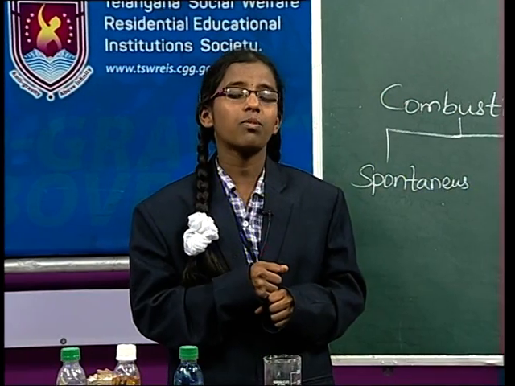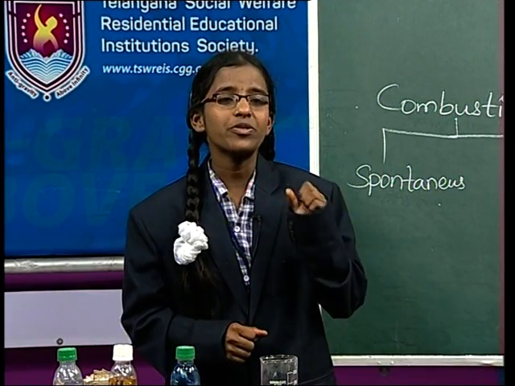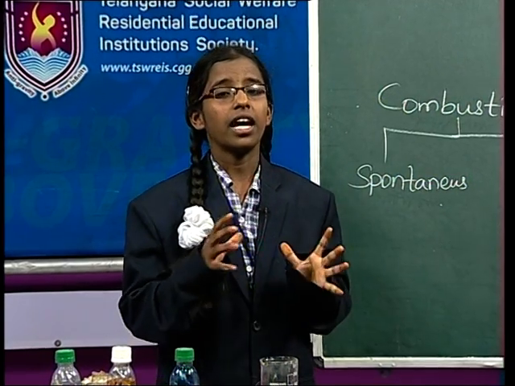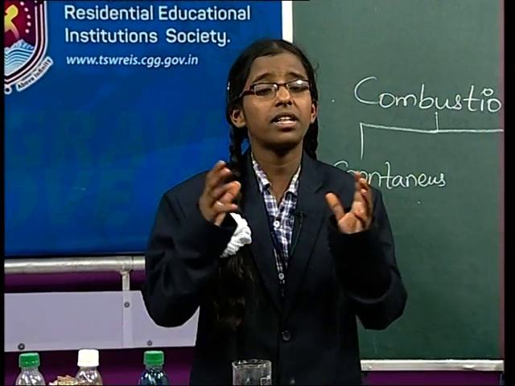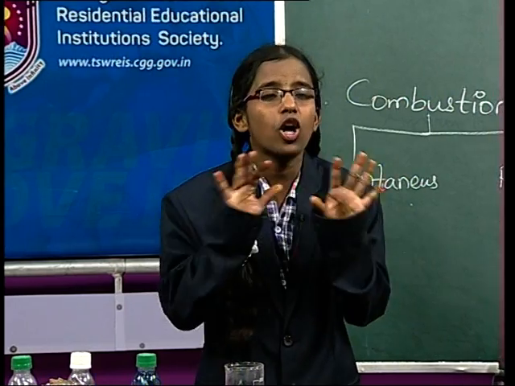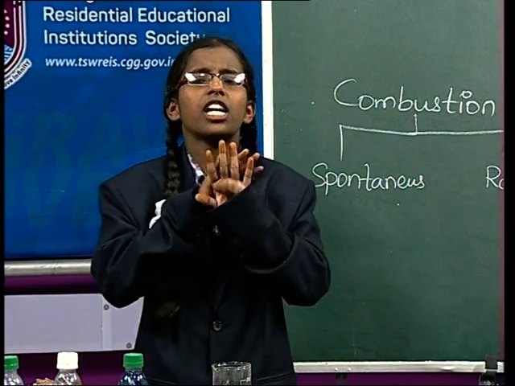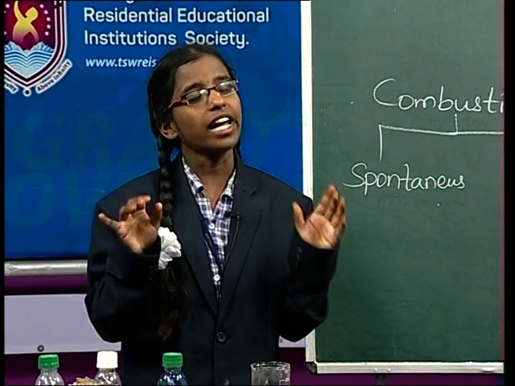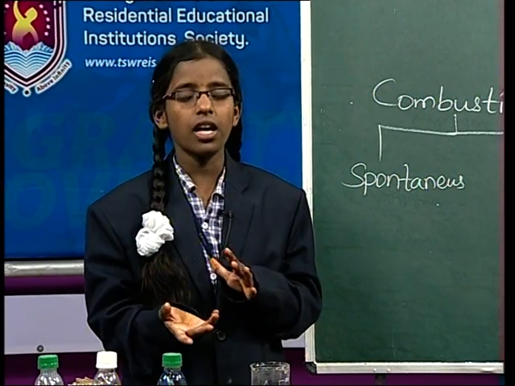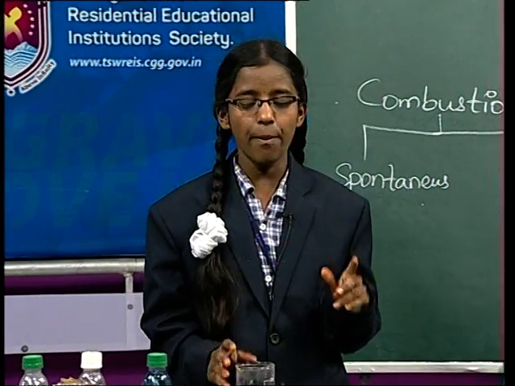Then what about rapid combustion? Friends, rapid combustion is a process in which a material burns rapidly, and it will take some time to get a flame. This we call rapid combustion.